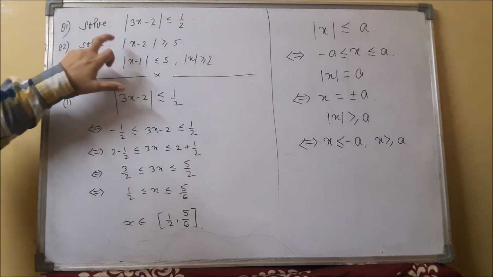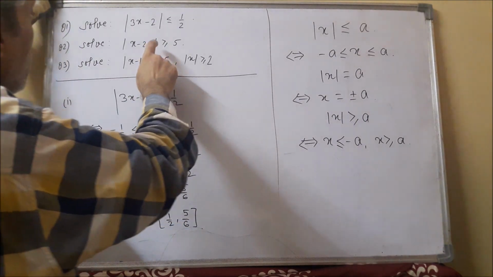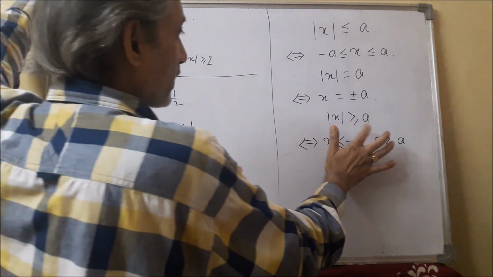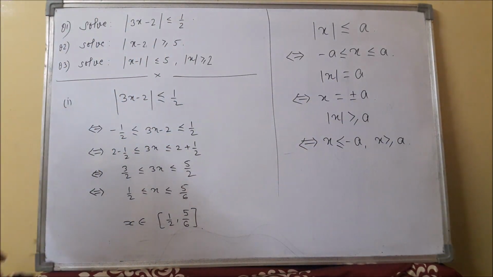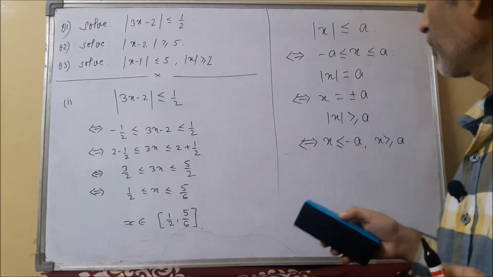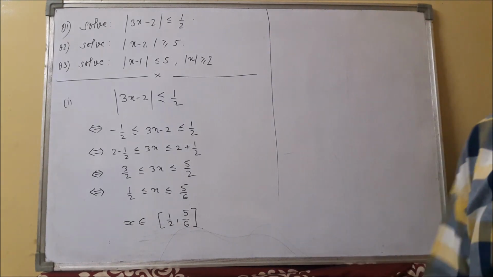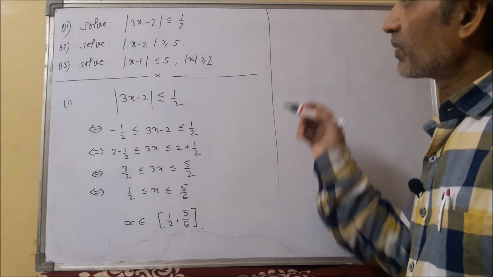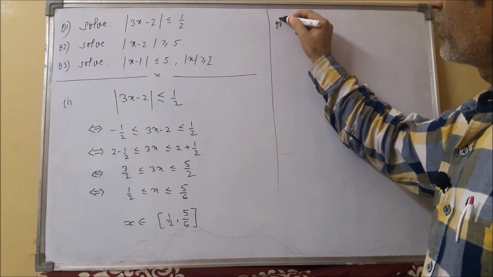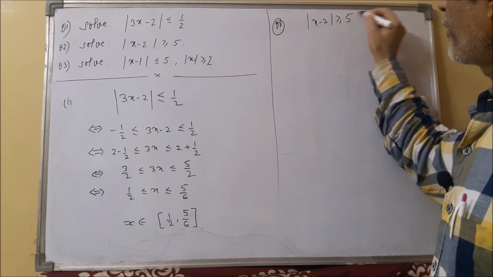Now I am going to solve the second one. In this case it is more than or equal to a. Third one, mod of x minus 2 more than or equal to 5.